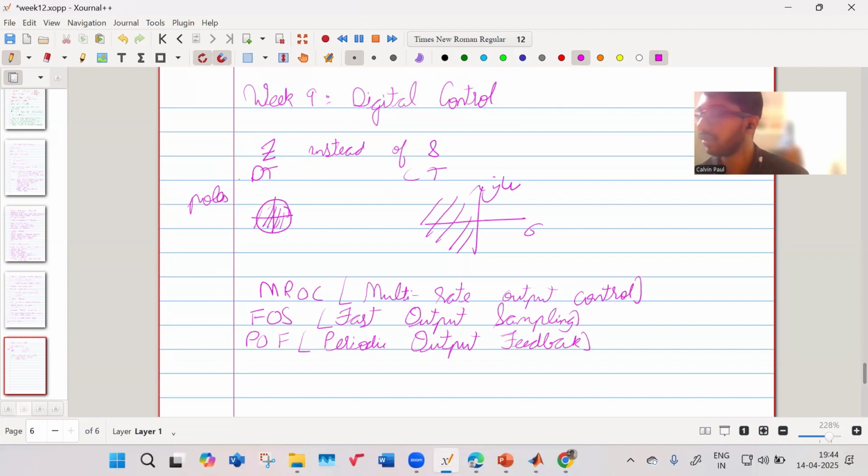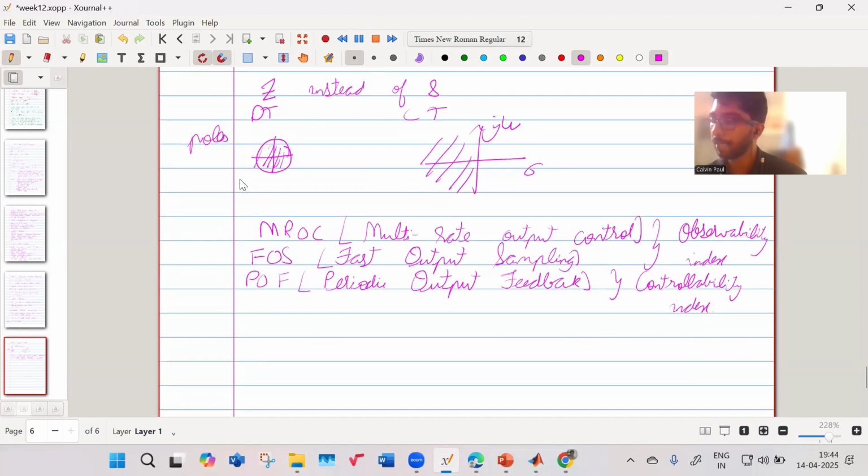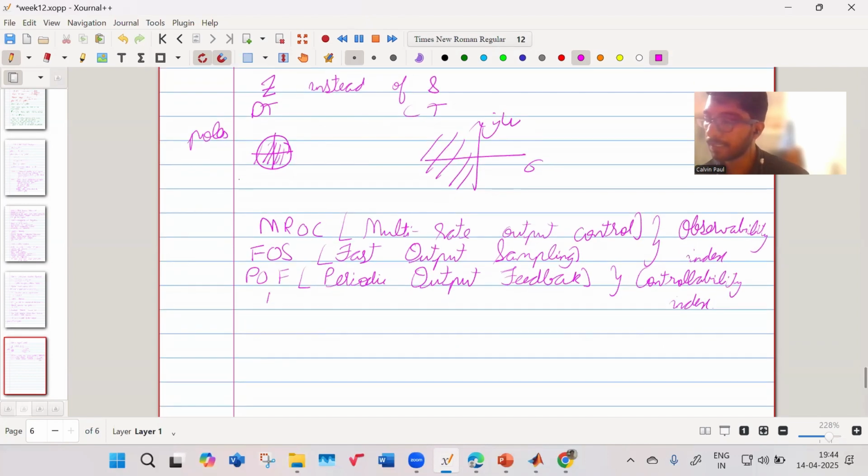So these both are related to the observability index, and this is related to the controllability index. Okay. And this gives discrete discontinuous inputs.